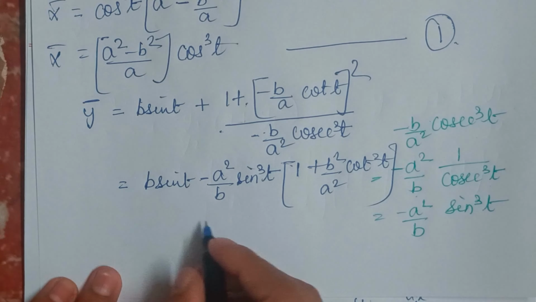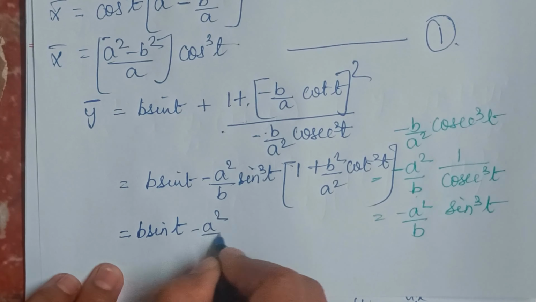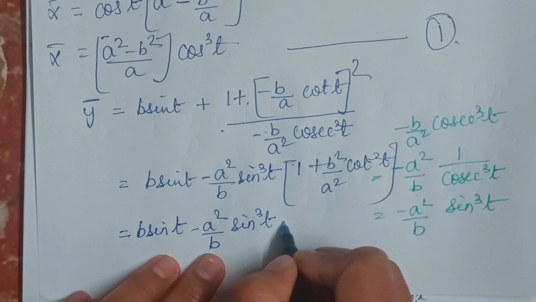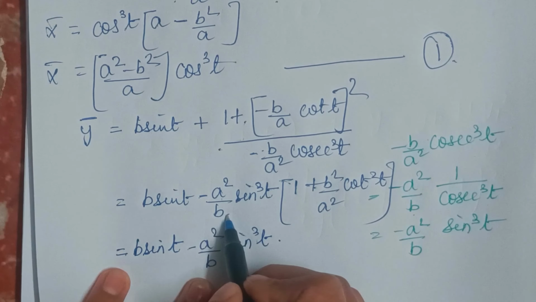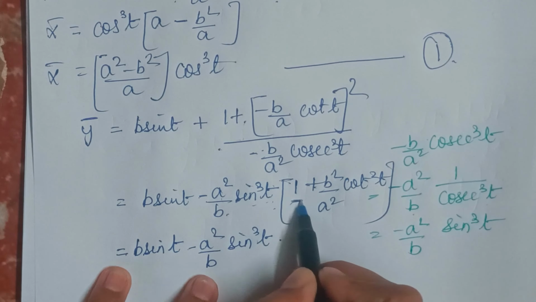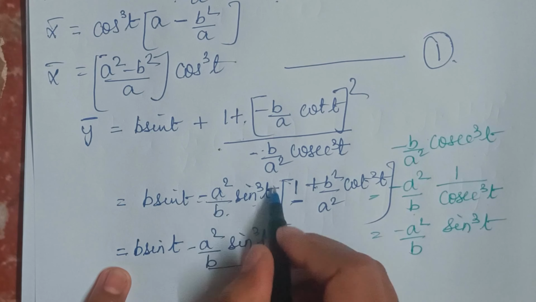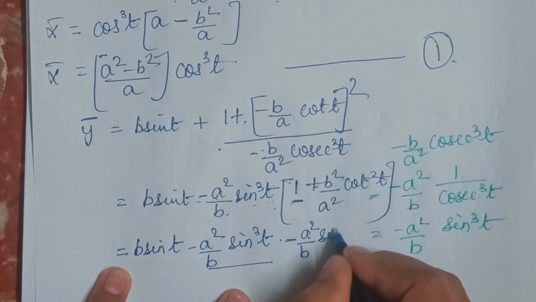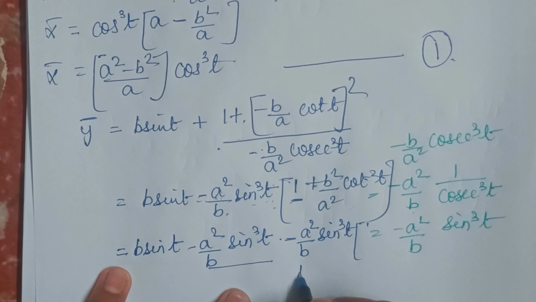Okay. This can be further simplified to b sine t minus a square by b sine cube t, and here I can write this term as a square by b sine cube t multiplied by 1, so it will give me this, plus minus into minus is minus, and I'll multiply this with this, so it will give me a square by b sine cube t into b square by a square cot square t.